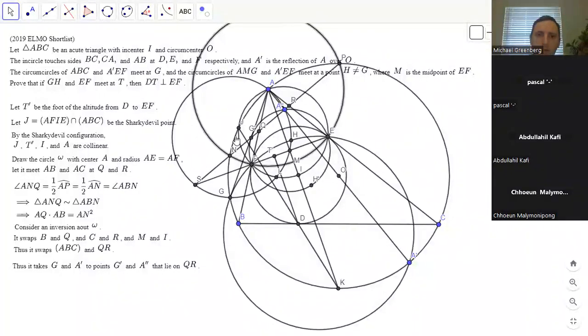Let's see. So we have this circle and the little circle. So this circle ABC and this circle. So that would be AJ. Where do we get EF from that?